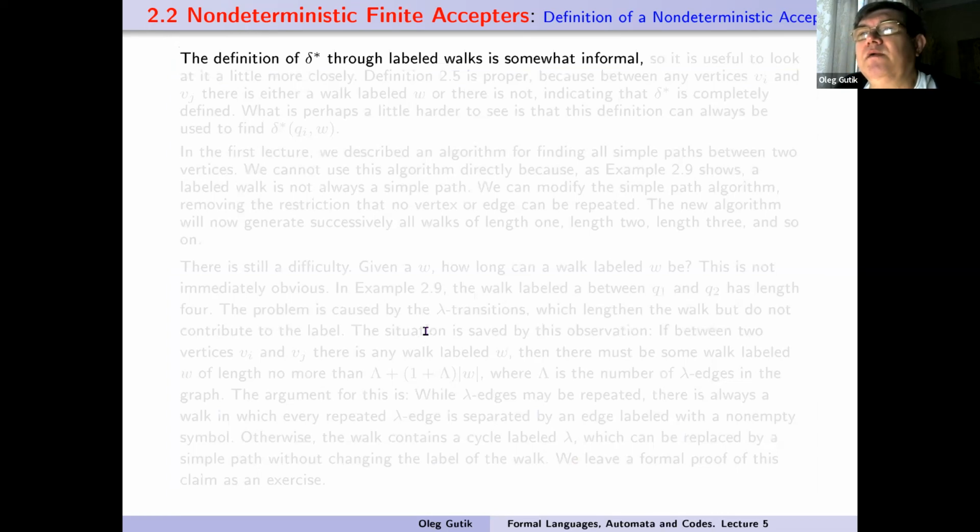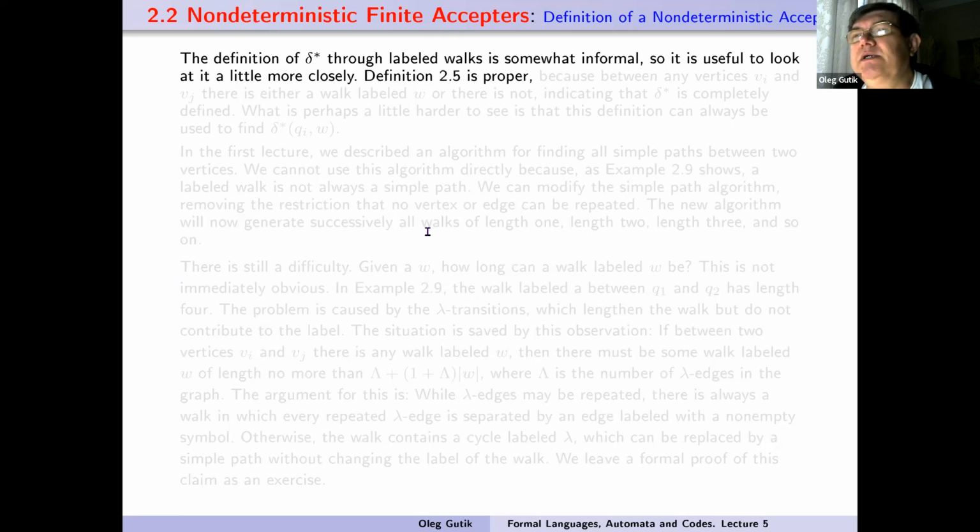The definition of the generalized transition function delta star in terms of labeled walks is somewhat informal, so it is useful to look at it a little more closely.